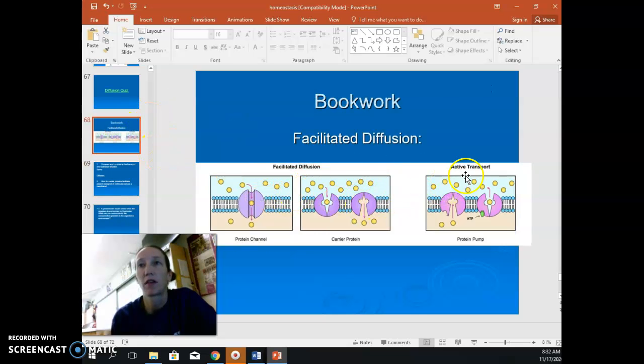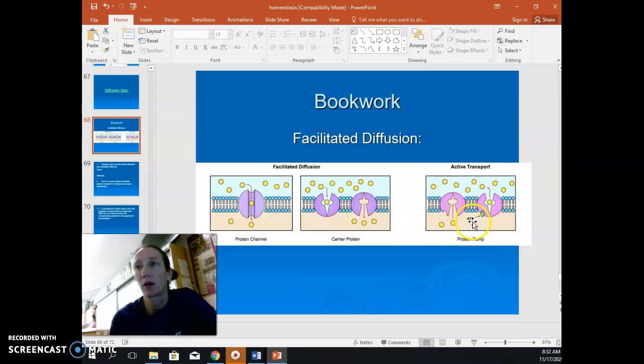So just looking here, I've got the two pictures. The biggest thing, what is the same between these two? What's the same is that they both transport material in and out of the cell membrane. The other thing that's the same is they both have proteins. They both need them in order to work. So what is different?